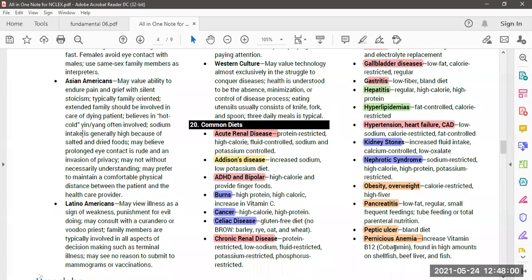It is called cobalamin, or fluid, high the amount of seafood like shellfish or beef liver or fish. They contain a good amount of vitamin B12 content. What next?